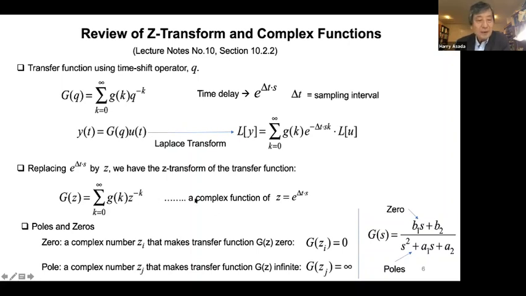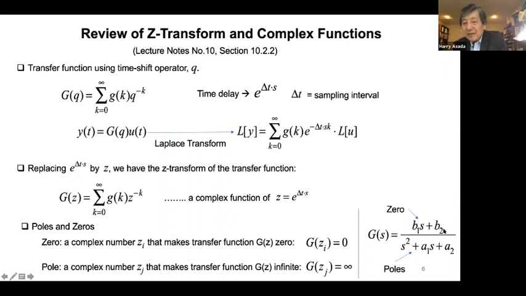For example, we can define the poles and the zeros, right? You studied this in your undergraduate course: the transfer function in the frequency domain, GS equals something over something.